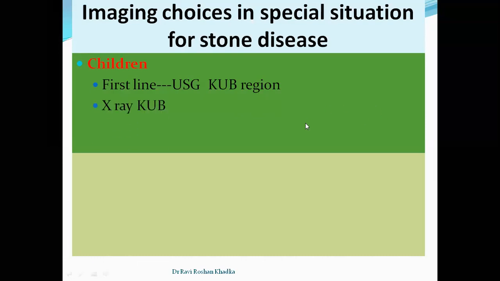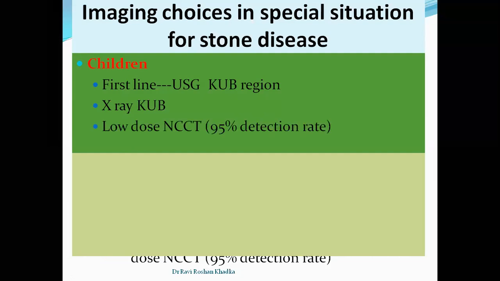But we can do X-ray KUB as well. And if you want to do a CT scan for detailed knowledge, then we can go for a low dose CT scan, not the normal dose CT scan. Low dose non-contrast CT scan is around 4 to 5 times less radiation hazard than the normal dose CT scan.